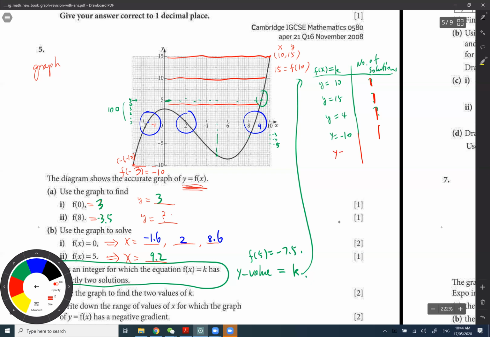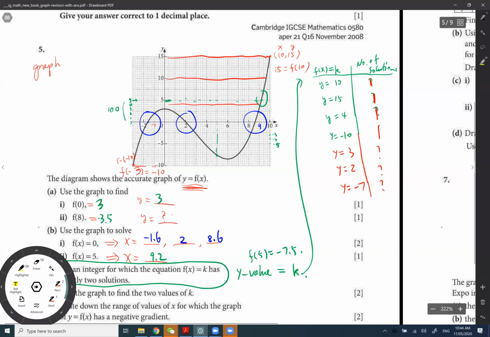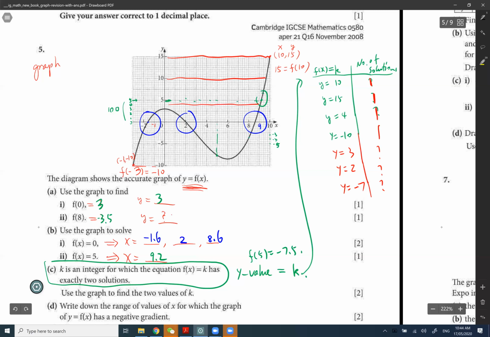Now, if y value equals 3, how many? If y value equals 2, how many? If y value equals negative 7, how many? On the graph, find the point where y value equals 3.